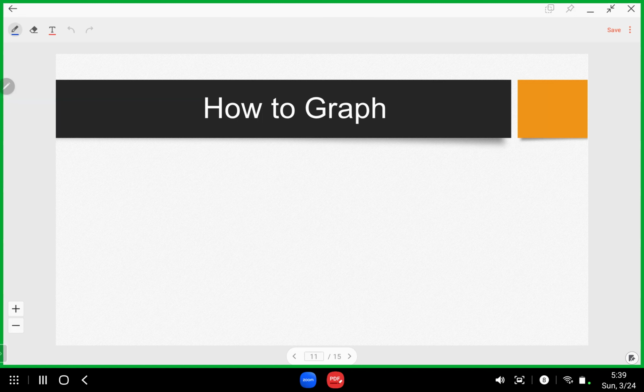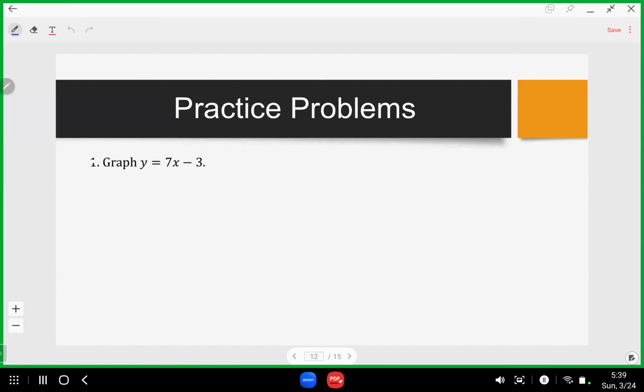If you use standard form to graph and you get really nice cooperative numbers, you can definitely use it. But usually just convert it. Okay. All right. Now we can go on to some practice problems. So this one is just slope intercept form, very easy.